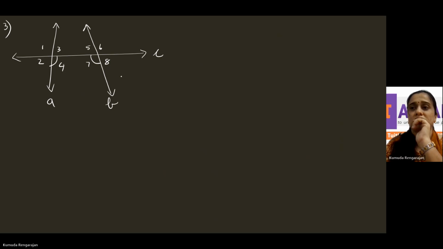Whether the lines are parallel or not, they are corresponding angles, but they will be equal only when the lines are parallel. That is the only case where they will be equal and supplementary.